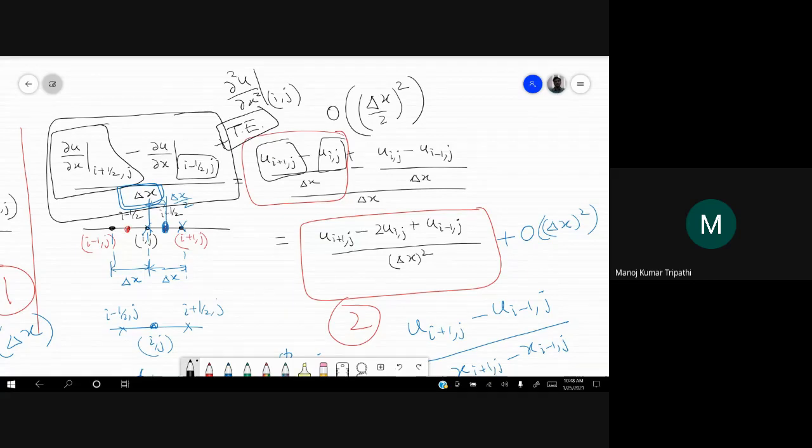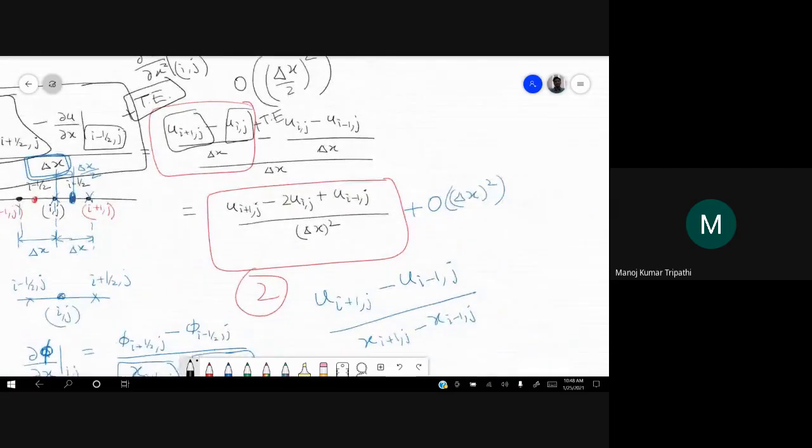There should be some truncation error here as well. When you write that truncation error, you will get order delta x by 2 square again. So that gets added up for all the terms, and finally you will get order delta x square for everything.